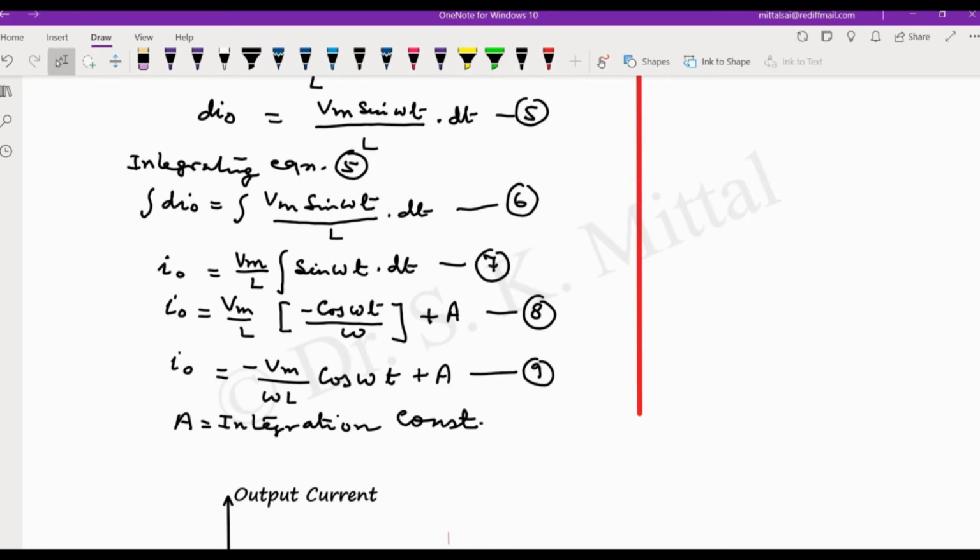Now, after this equation number 9, it becomes necessary to calculate the value of integration constant a.